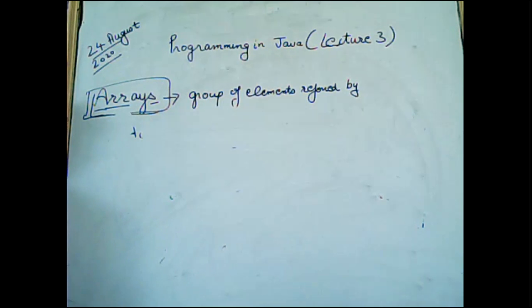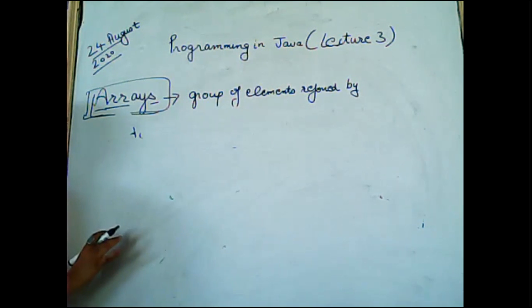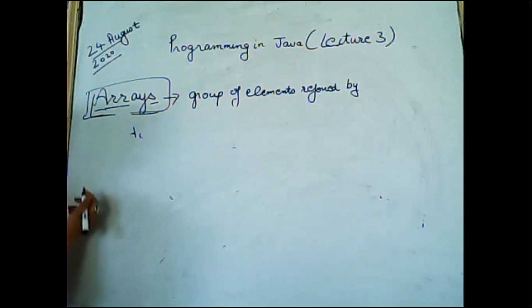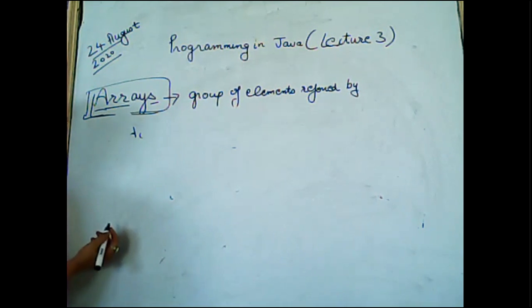When you are declaring an array, no memory allocation happens. You can simply declare an array by using the brackets, which we have already discussed. When you need to allocate memory to an array, you have to use the new operator with it. Next, we need to see how we can access Java array elements.